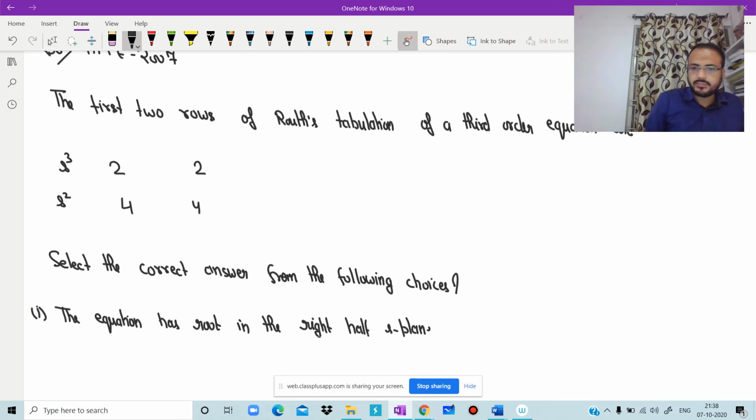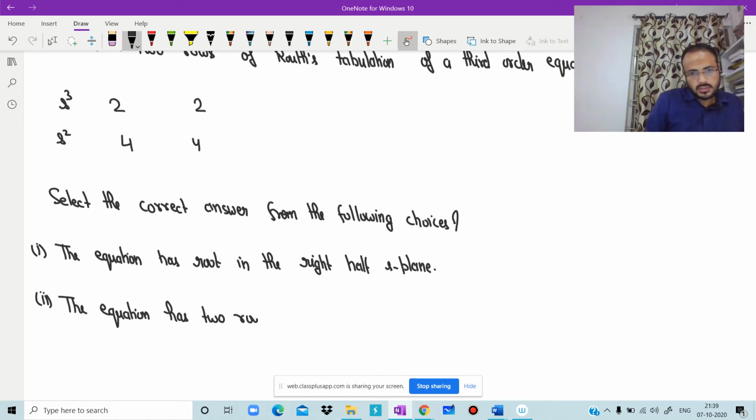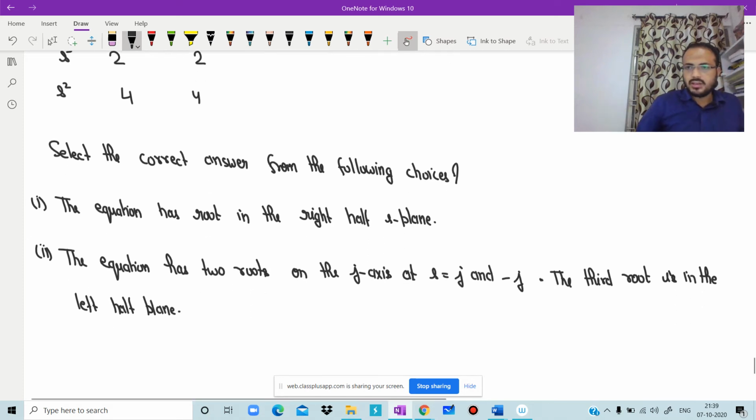Second one: the equation has two roots on the j axis at s is equal to j and minus j, and the third root is in the left half plane.